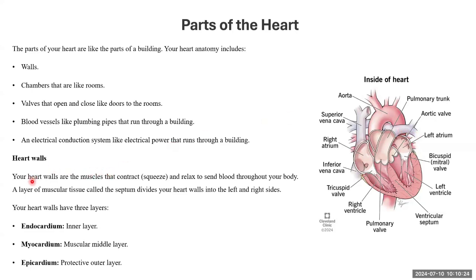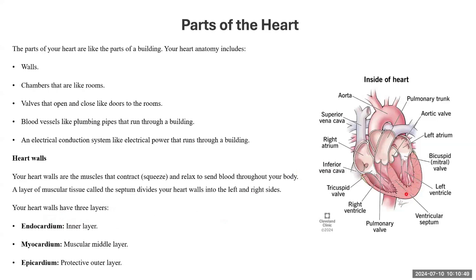The heart is quite muscular, and it contracts and squeezes to pump the blood throughout the blood vessels. And there are different layers of the heart wall as well. You have three layers: the endocardium, which is the innermost layer or lining of the heart.